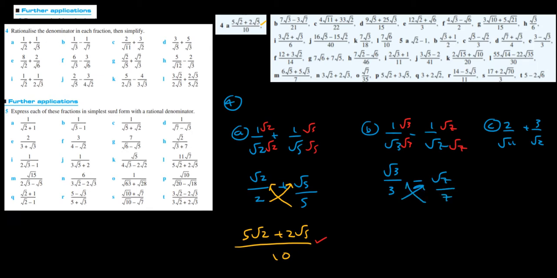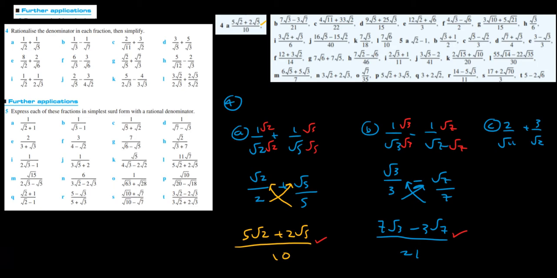Let's cross multiply. So we get 7 root 3 minus 3 root 7 all over 21. Mr. Winston's going to do a self-assessment. Can I do 4B? 7 root 3 minus 3 root 7. Okay, got that right.